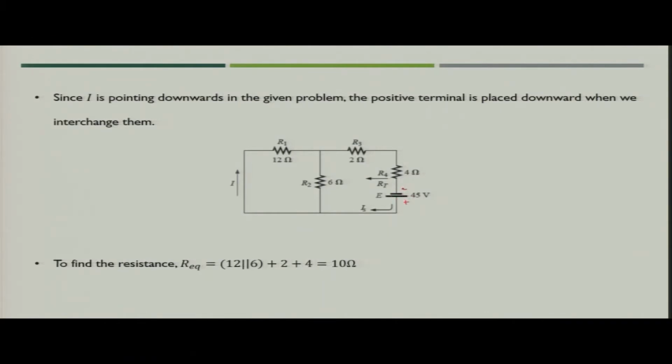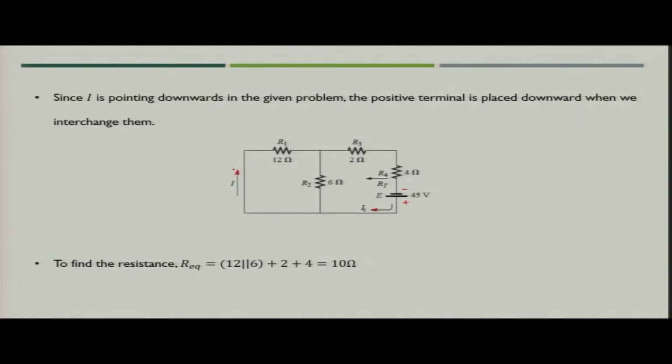So, the negative sign is on the top, plus sign would be on the bottom, and Is current would be flowing in this direction, which is same as the direction of I was in the previous figure, and the location where the voltage source was connected, we have short circuited, and we assume that the current I, which is same as it was in the previous case, is flowing in the short circuit segment of the circuit.